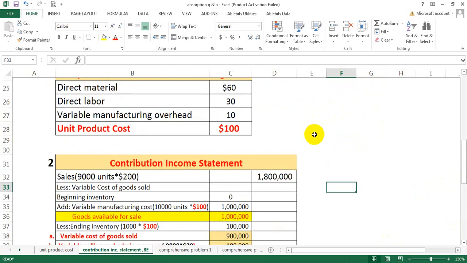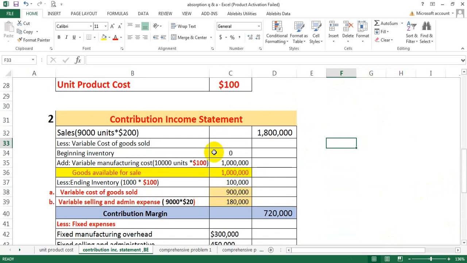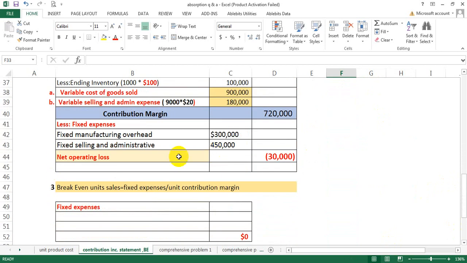And now the third point is, what is the company break-even point in terms of unit sales? Okay, look here. Break-even unit sales equals fixed expenses divided by unit contribution margin. So first calculate the fixed expenses.